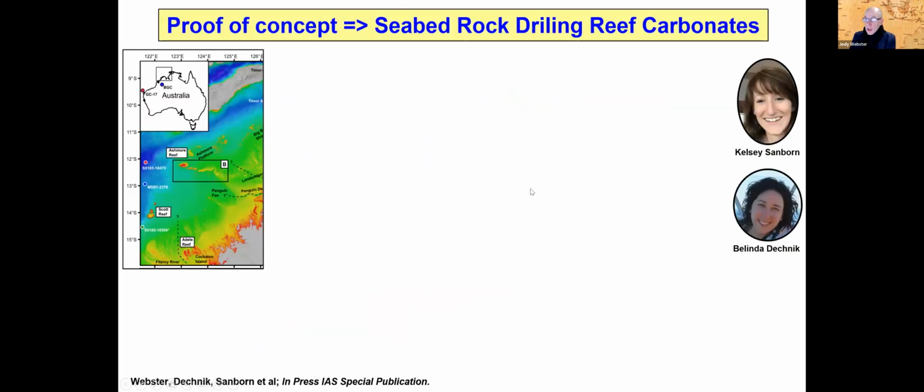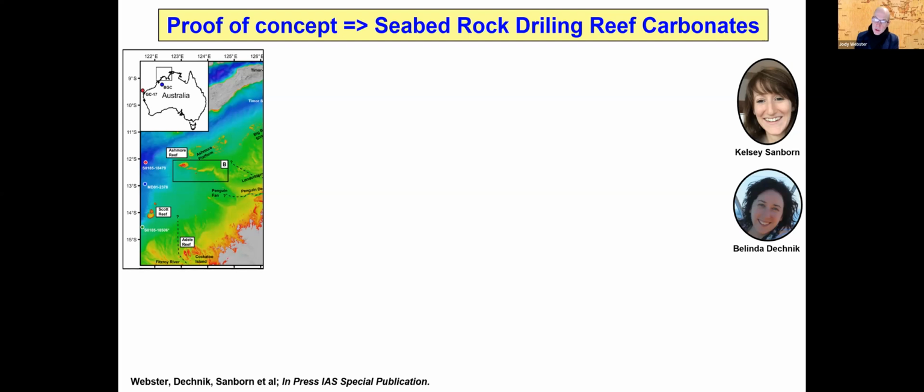And then as a final point, through the gestation of this proposal, as I said at the very beginning, the strategy here is to use a seabed rock drill in contrast to what we did with Tahiti and Expedition 325.